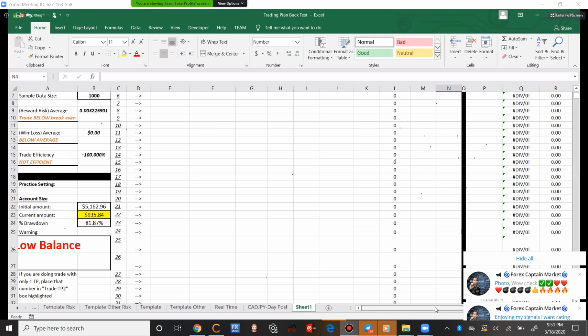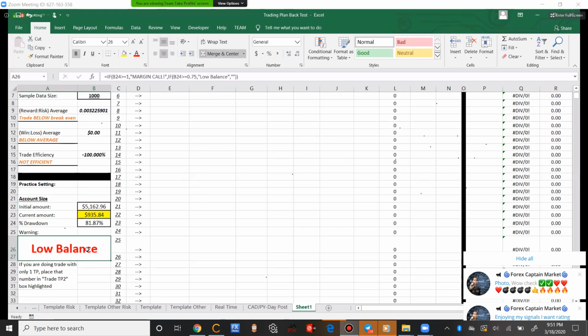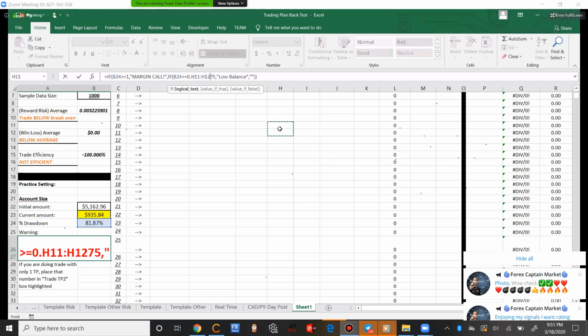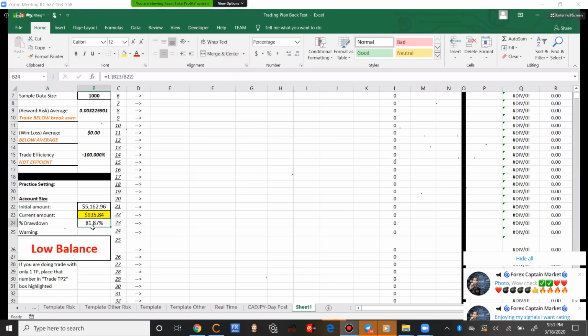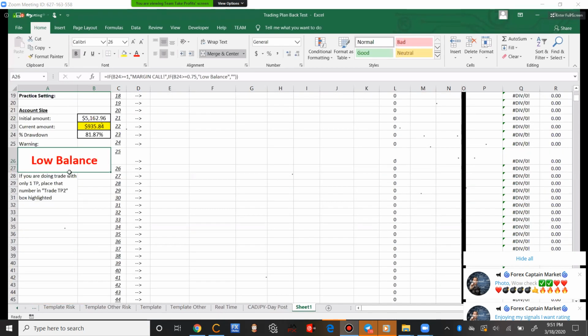Okay, so I also included this thing to yell at you if you have a low balance. So if your account is at 75% of its drawdown, it's going to yell at you and say low balance. So yeah, I have that programmed in here as well.